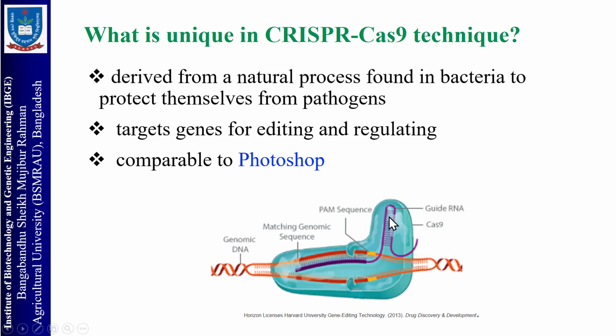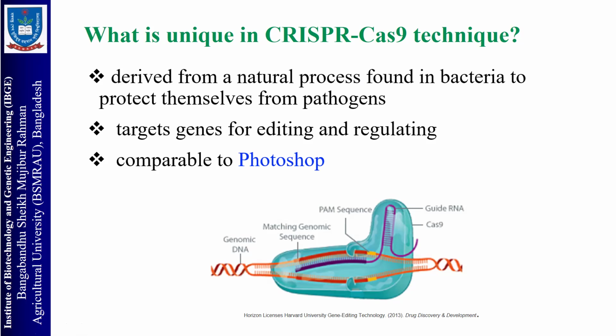So you design the guide RNA, and then together with a CRISPR system, they find your target sequence based on the synthetic guide RNA, and then make a double strand break.